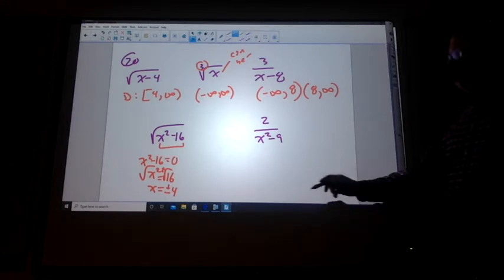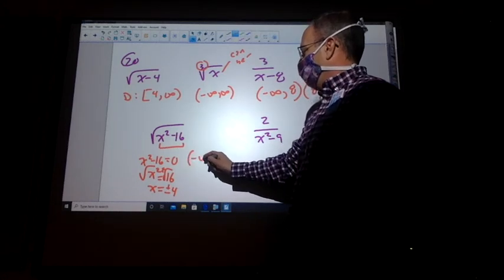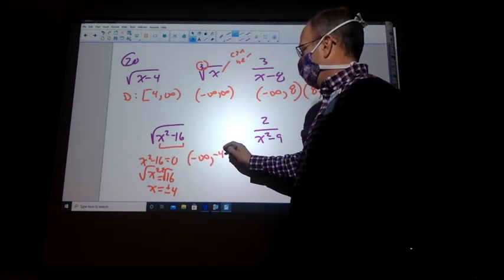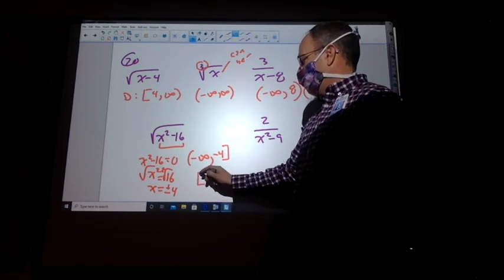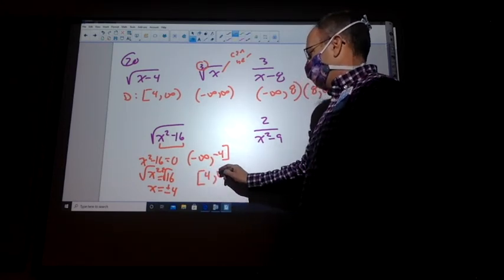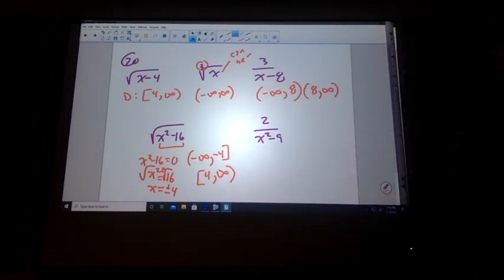So the domain of this one goes from negative infinity to negative 4, and it's a square bracket because I can have a square root of 0, and square bracket from positive 4 to infinity. We're not having anything between negative 4 and positive 4 to plug in. If we do that, we get an imaginary term.